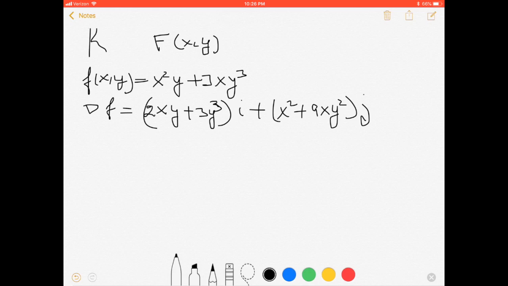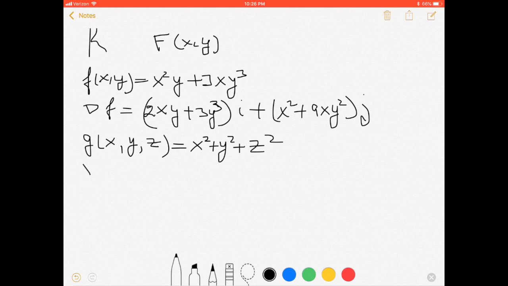If you have a function of three variables, second example, let's say our function is f(x, y, z) equal x squared plus y squared plus z squared.